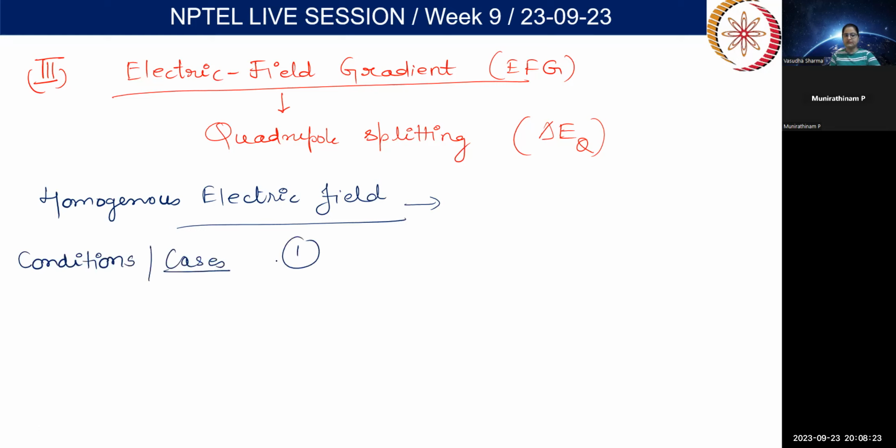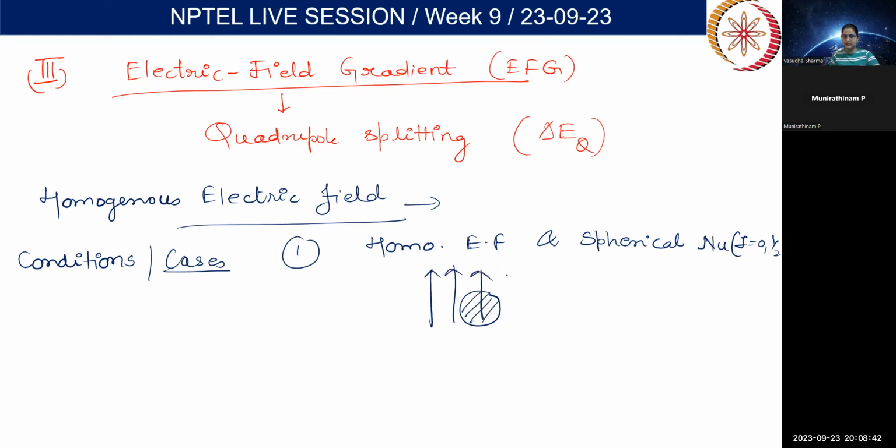The first case that we are taking is a homogeneous electric field and a spherical nucleus. That means I is either 0 or 1/2. In this particular case, if I draw, my nucleus is spherical and the field is homogeneous. That means the electric field goes in one direction, distributed everywhere, constant.